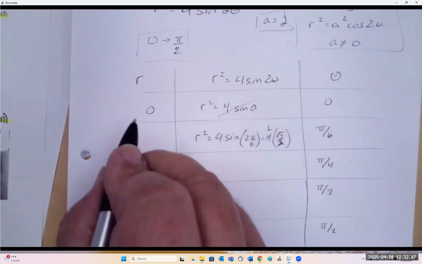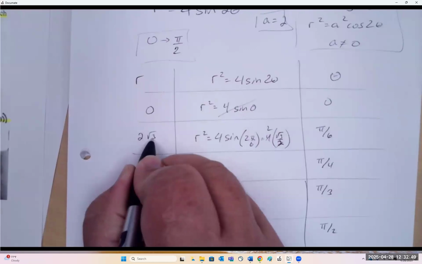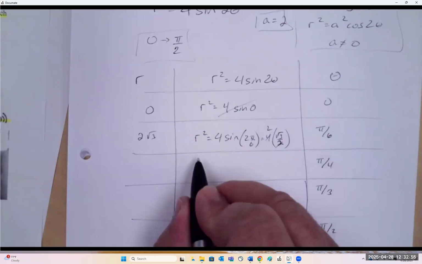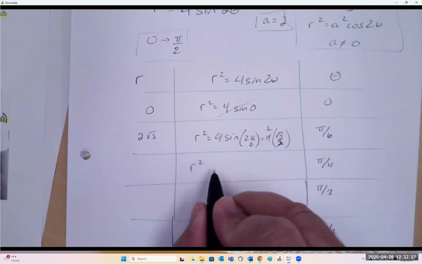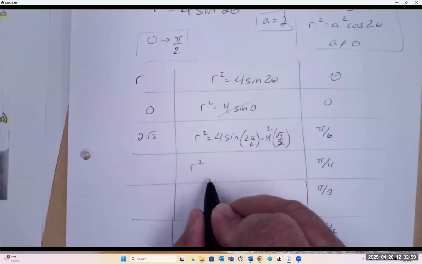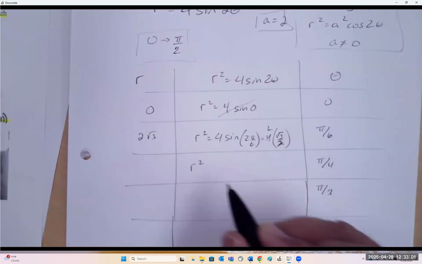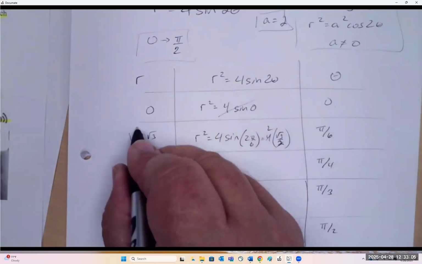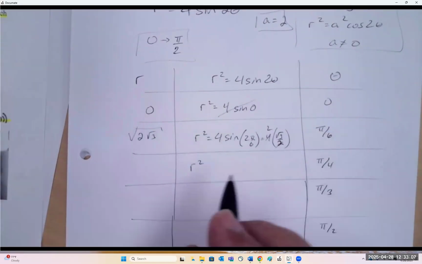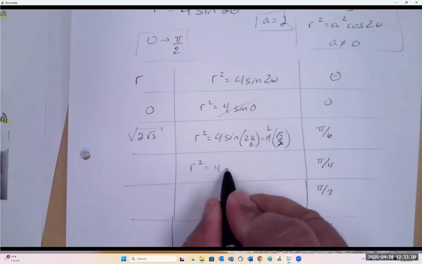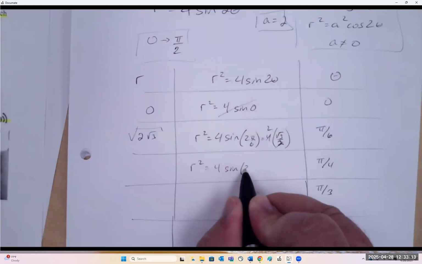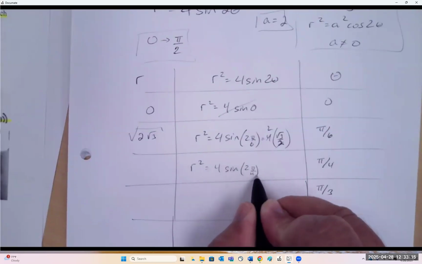That cancels, so it's 2 radical 3. Pi over 4: r squared equals 4 sine 2 pi over 4.